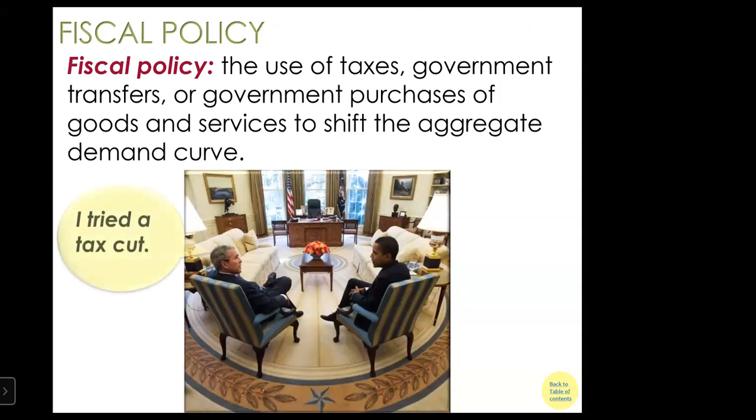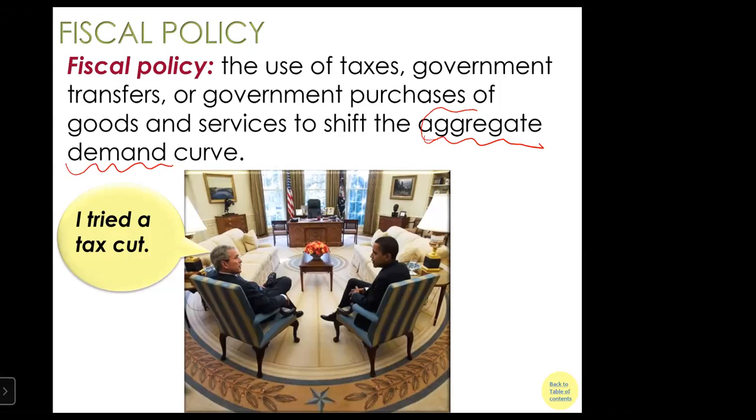Okay, and in terms of fiscal policy, this is defined as the use of taxes, government transfer, or government purchase of goods and service to shift the aggregate demand curve. So the key here is aggregate demand.